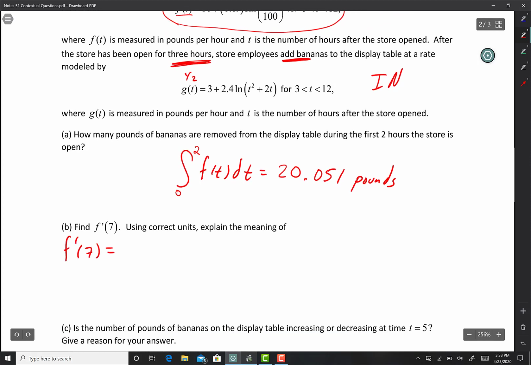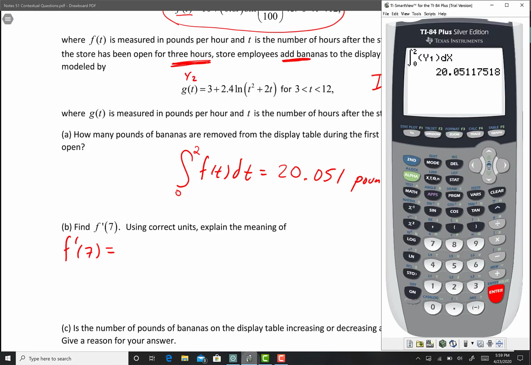f prime of 7 equals, so I'm going to go math, and was it the 0 one? Nope, it was not. Math, I'm going to scroll down, and maybe it was the B. Can't remember. It's the number 8.